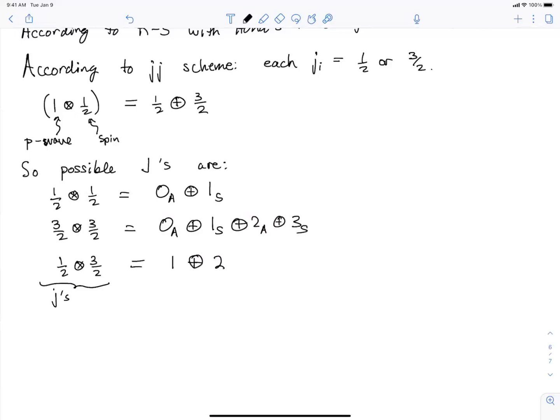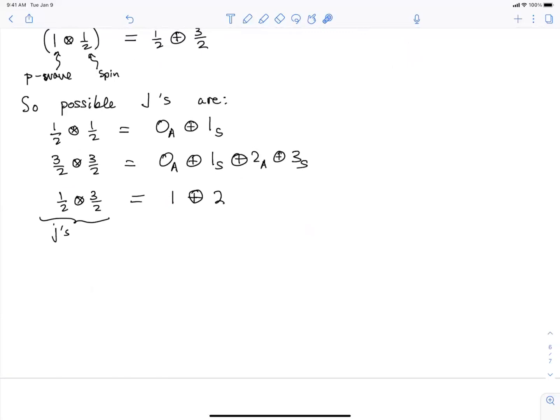And when I'm adding two non-identical angular momenta, I can't give those symmetry or anti-symmetry labels. But the thing is, there are two of them, because I can do 1/2 and 3/2, or I can do 3/2 and 1/2. So when I get 1 plus 2, I can take linear combinations of those and make one of them symmetric and the other one anti-symmetric. So the moral of the story is, at the end of the day, what are the anti-symmetric combinations I can make?